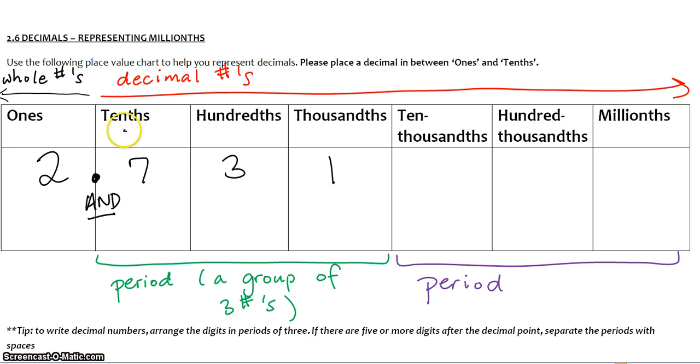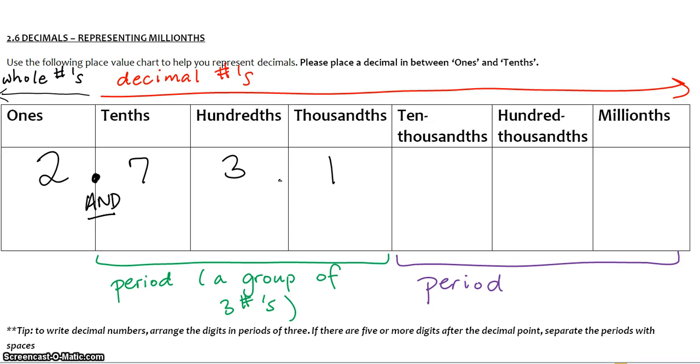So make sure that you understand how to name it, and also notice in this decimal number, we're naming it according to the furthest decimal place that the last digit occupies. So in this example, it's 1. Okay? If it was just 2 and 73, we'd say 2 and 73 hundredths. But in this case, it's 2 and 731 thousandths.